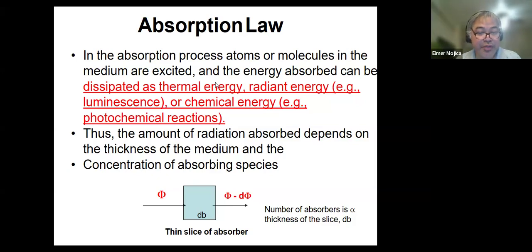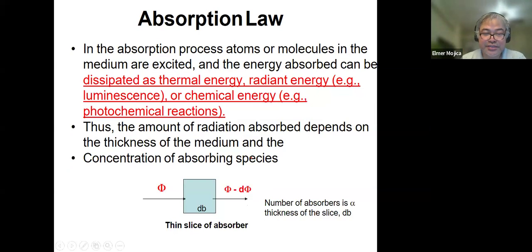We should not be surprised that the amount of radiation absorbed depends on the thickness of the medium and the concentration of the absorbing species.